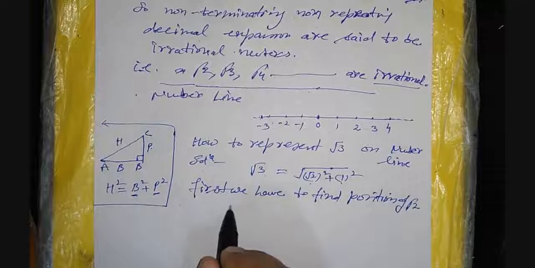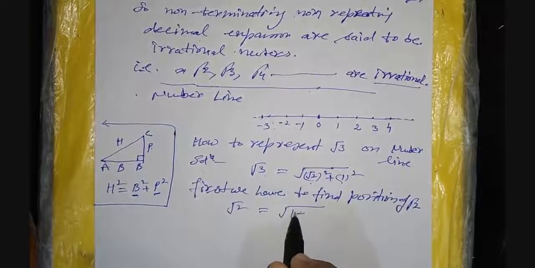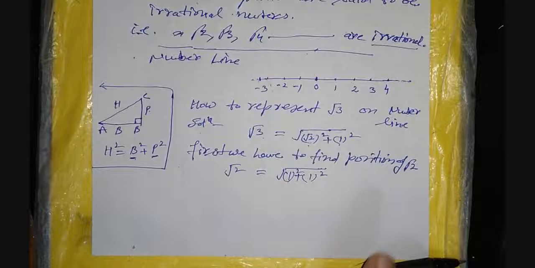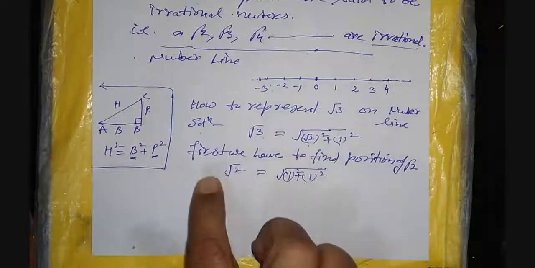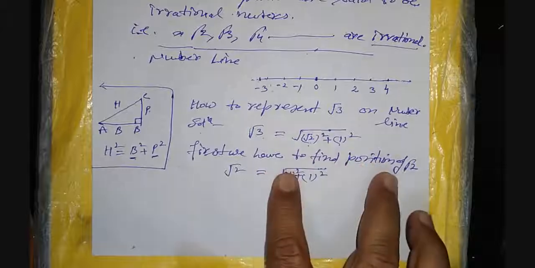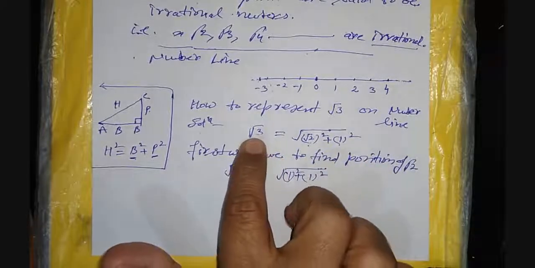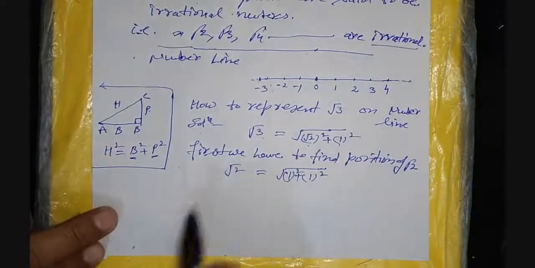How can root 2 be broken in this form: square of 1 plus square of another 1. Now we will first represent root 2 on this line, and after finding the position of root 2, with the help of that position we will find the position of root 3 on this number line.